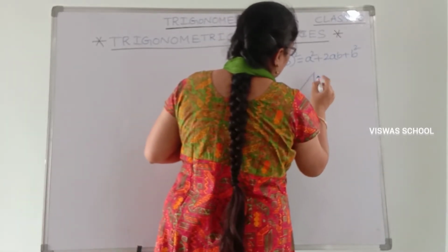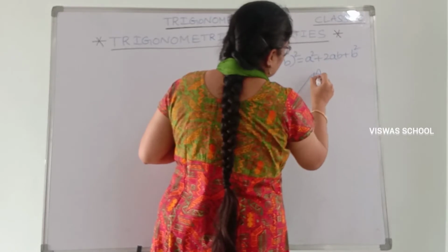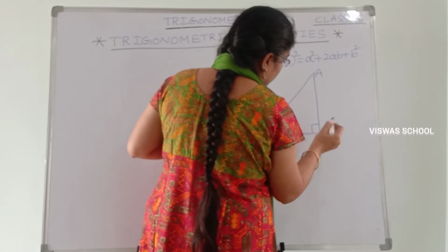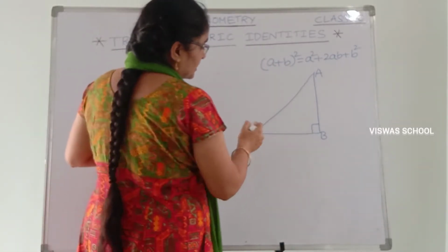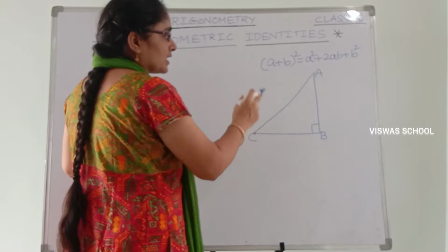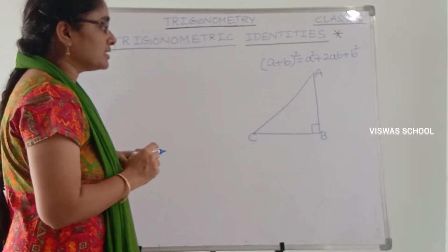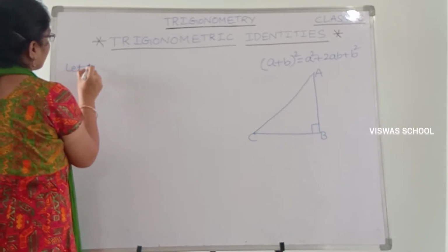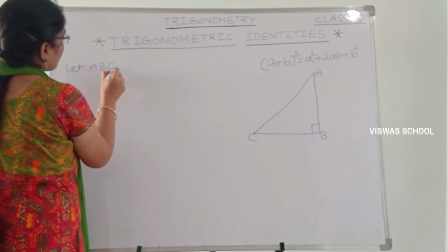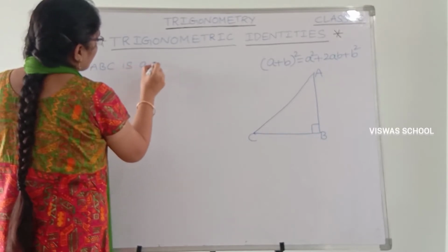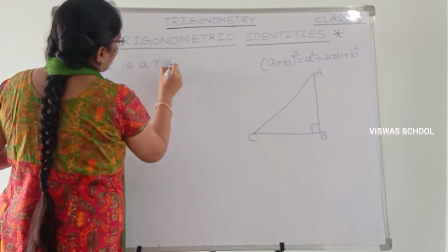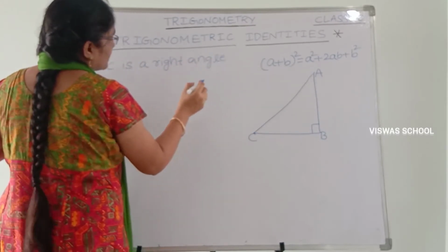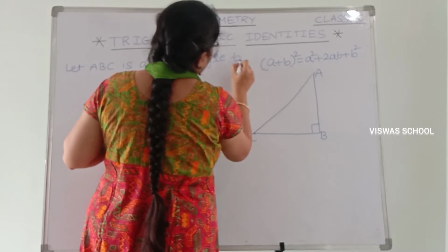Here this is A, and right angle at B. This is right angle at B, and here this is C. ABC is a right angle triangle.